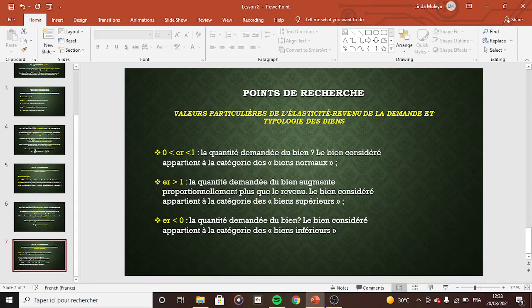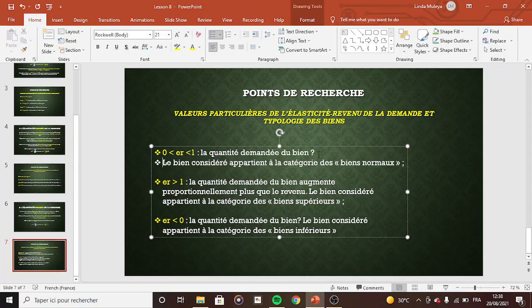The last point of research, we have particular values for elasticité revenue in terms of demand. So we have 0, usually here you have a range. You have 0 is lesser than ER and ER is lesser than 1. So this has an effect on the quantity of the good that you would buy. And also it has an effect on the category of goods that you will put them in.